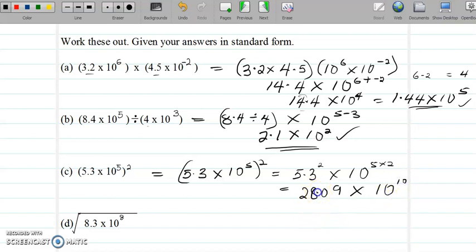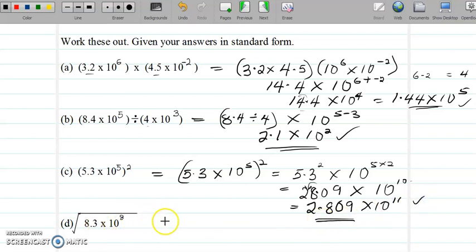Now I'm not going to leave it because 28 is greater than 10. So I will take this decimal point, shift it, and add 1 to the power. So this gives us 2.809 times 10 raised to the power 11. Okay, so this gives us the answer.